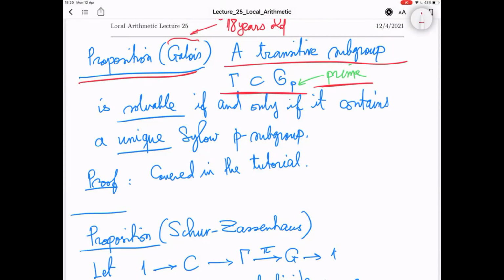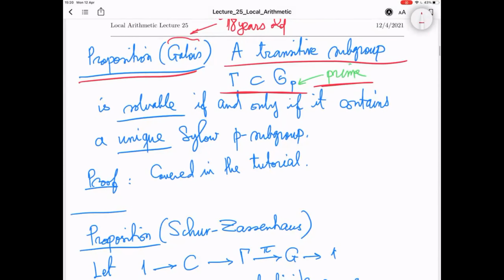Okay. But then the next step for him was, okay, you have reduced the problem to saying which groups are solvable. Now you characterize those subgroups of the symmetric group which are solvable. Which ones are solvable? The Galois groups are always transitive. So you have to characterize transitive subgroups of SP which are solvable.